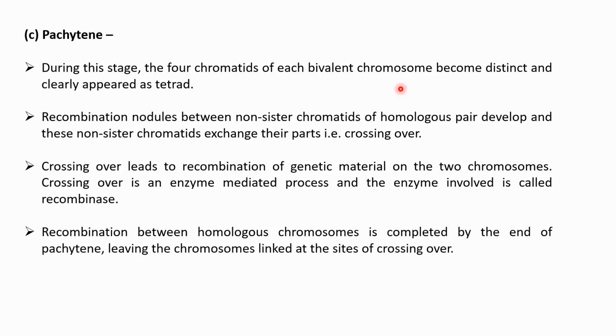So in a bivalent, where 2 homologous chromosomes are paired with each other, there are 4 chromatids. All of these 4 chromatids are clearly visible and appear as a tetrad structure.